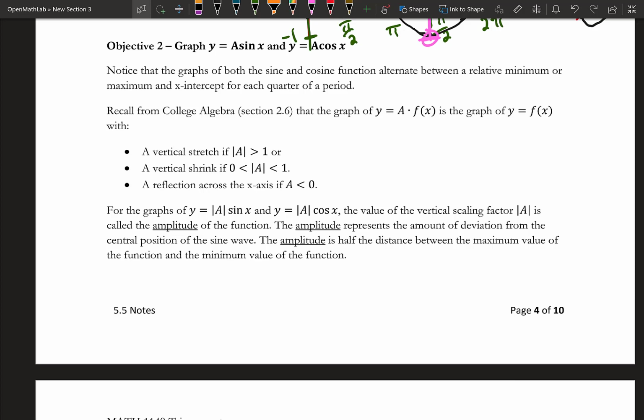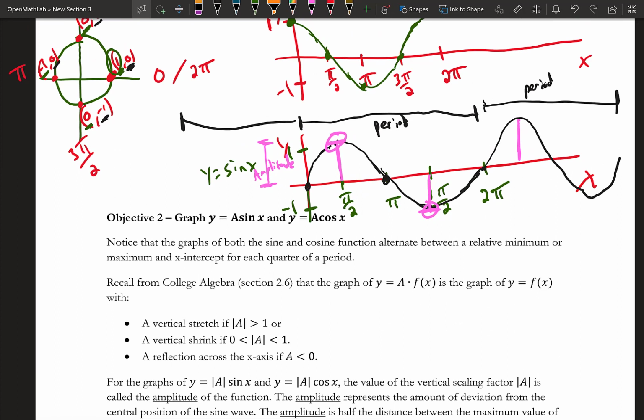The period here is 2 pi, so 2 pi divided by 4 would be pi over 2. So we added pi over 2 each time on the x-axis, and each quarter of a period it alternated between a relative minimum or max and the x-intercept.